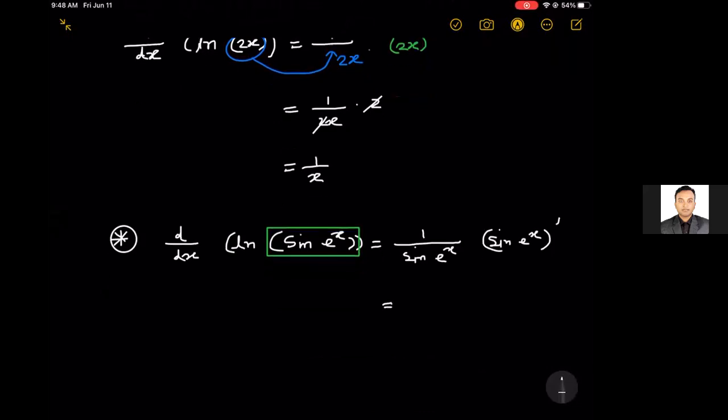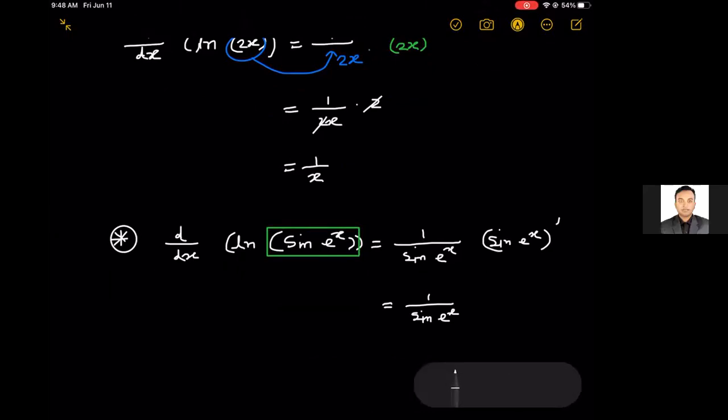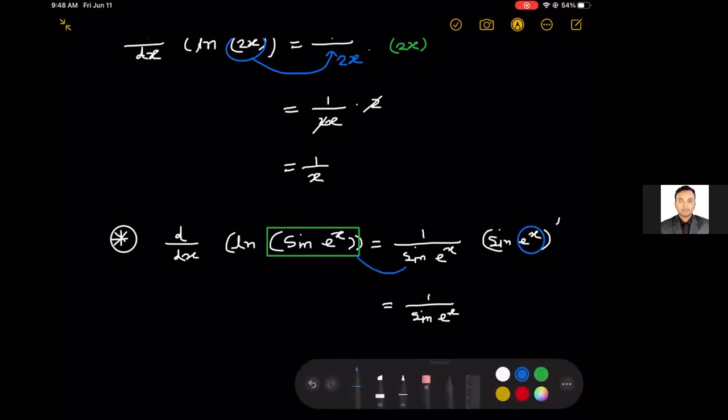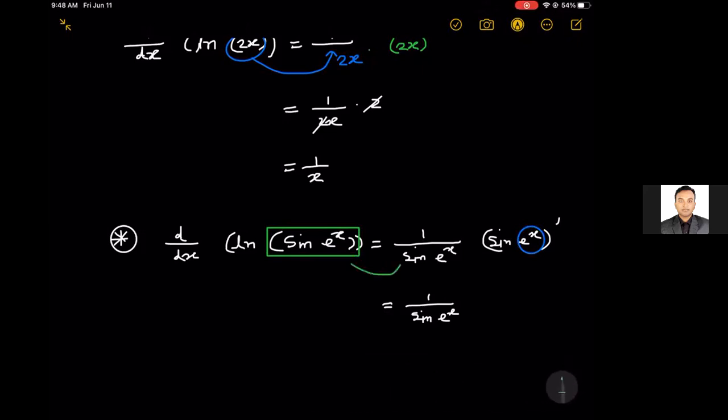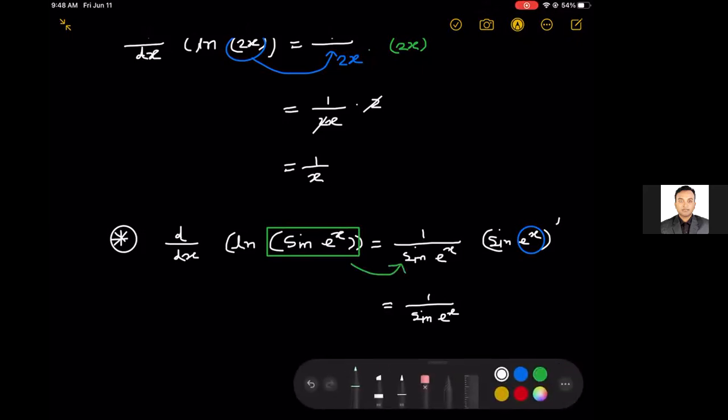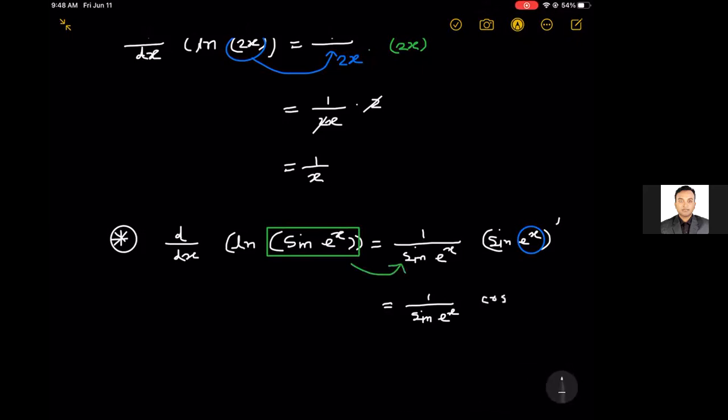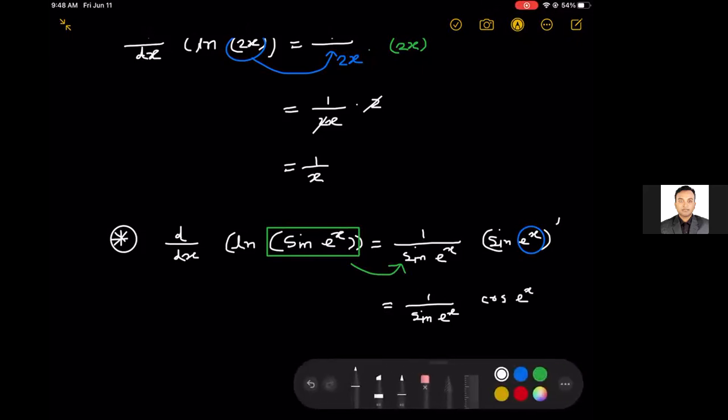Okay. Now, what's the derivative of sine something? Cosine of whatever function that is. Exactly, very good. So whatever we have with sine, we just write cosine of that, right?